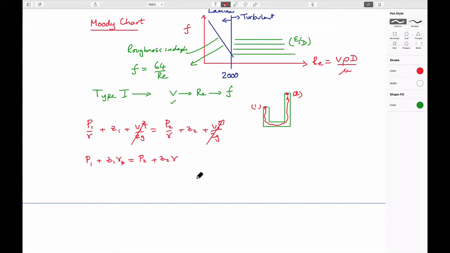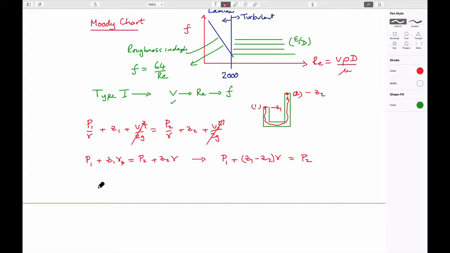And so if we write it the way we would do this before, we would convert this into P1 plus (Z1 minus Z2) gamma is equal to P2. And this, of course, would be Z1, and this would be Z2. And so in going up from this point to this point, we're subtracting a unit weight times the elevation change, which is the manometer rules.